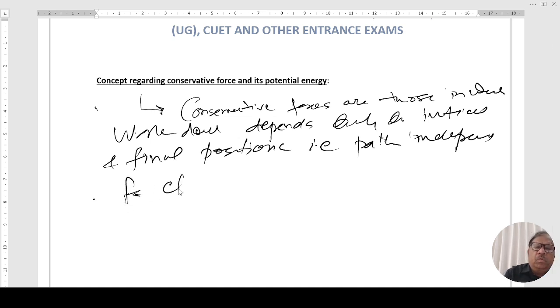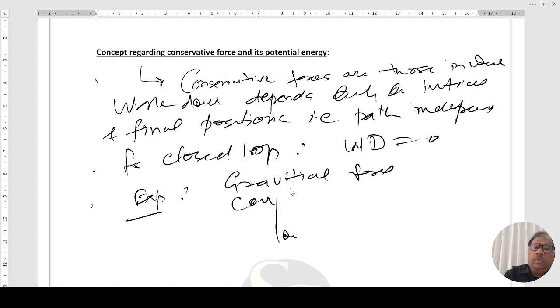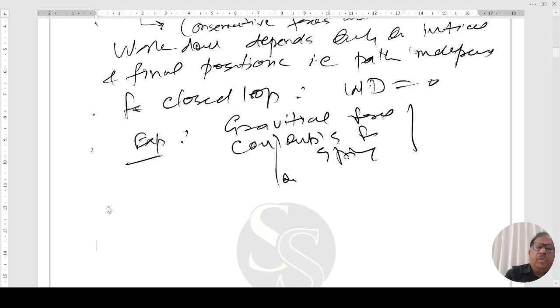For a closed loop, for conservative forces, work done is equal to 0. Examples: gravitational force, Coulomb force, spring force, all are examples of conservative forces.